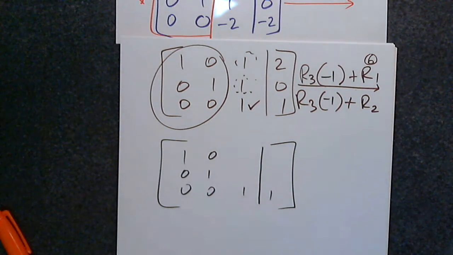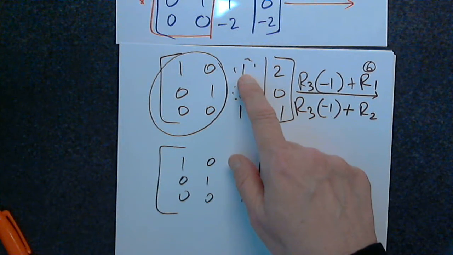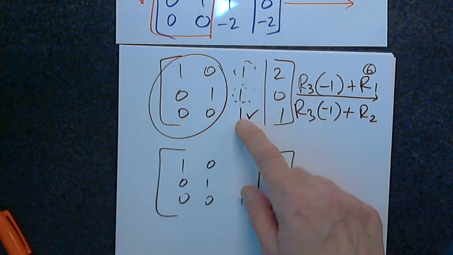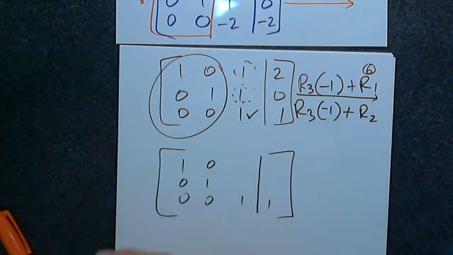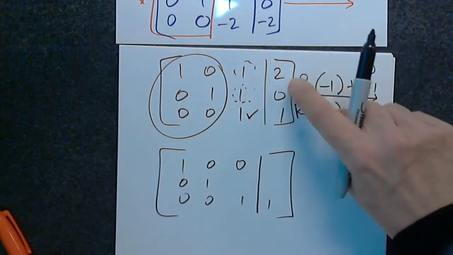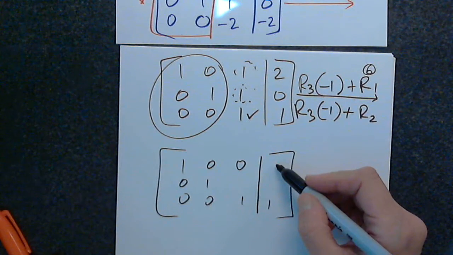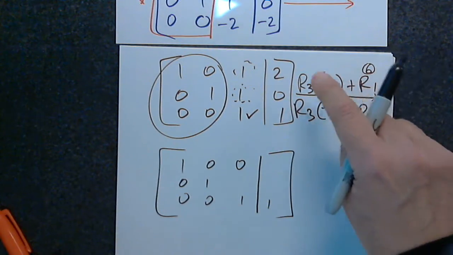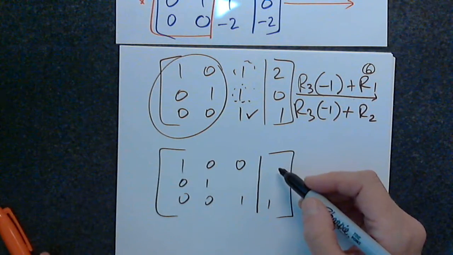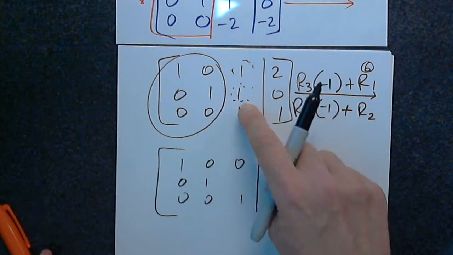Okay, let's do this together, please. 1 times negative 1 plus 1. 0. 1 times negative 1 plus 2. 1. 1 times negative 1 plus 1.